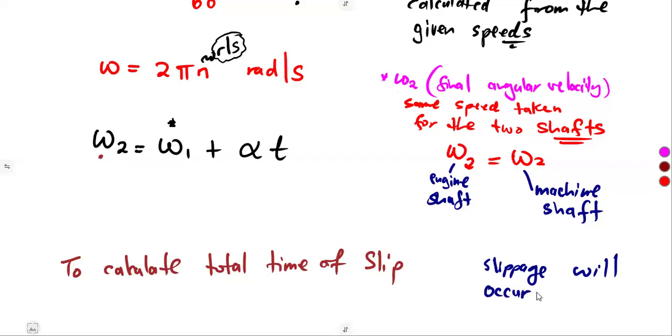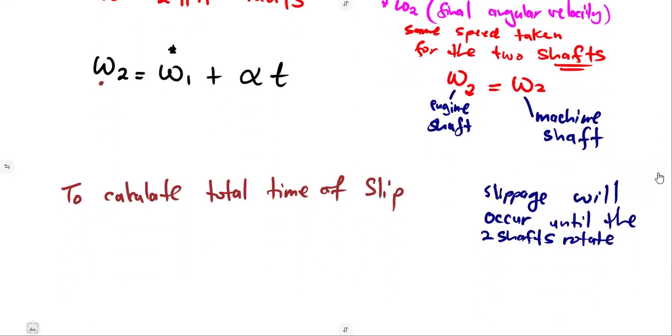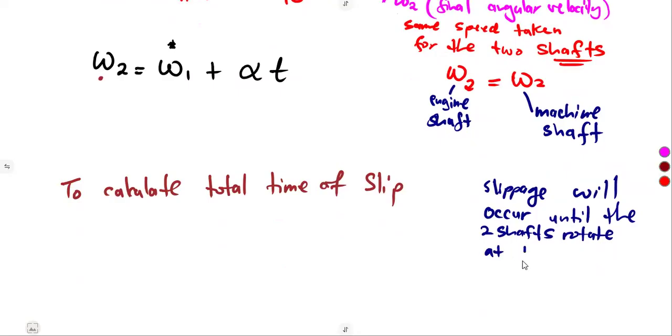Slippage will occur until the two shafts rotate at the same speed. If we understand this statement, guys, it is very important and it is going to help us a lot.